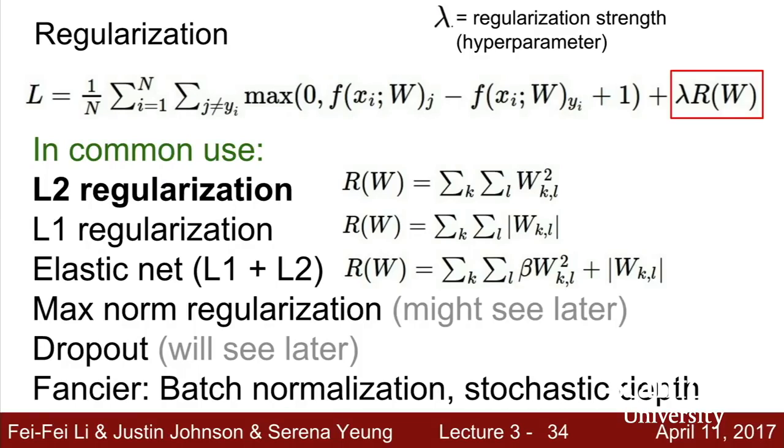But in this class, in some later lectures, we'll also see some types of regularization that are more specific to deep learning. For example, dropout we'll see in a couple lectures, or batch normalization, stochastic depth. These things get kind of crazy in recent years. But the whole idea of regularization is just anything that you do to your model that penalizes somehow the complexity of the model rather than explicitly trying to fit the training data.